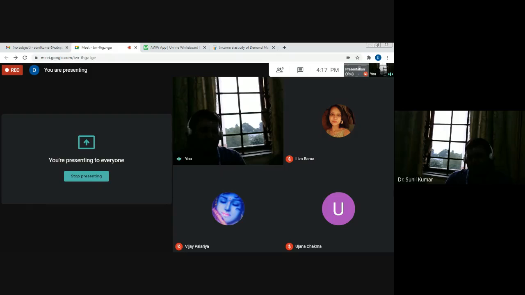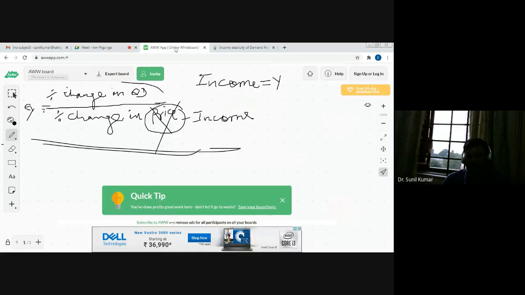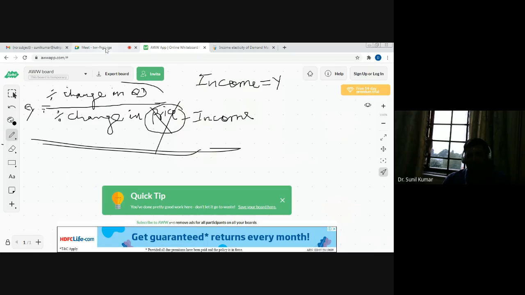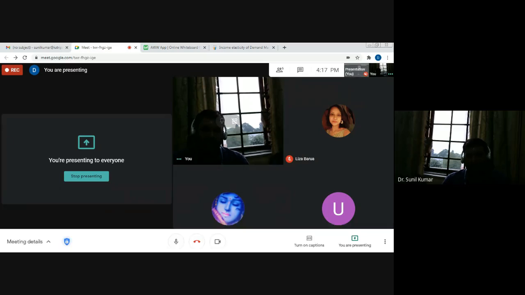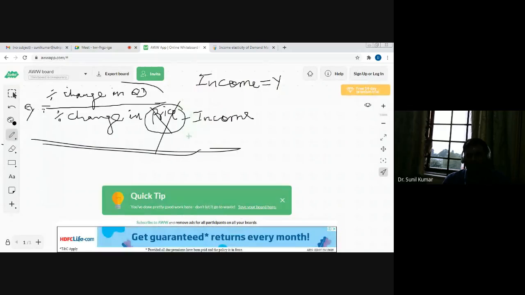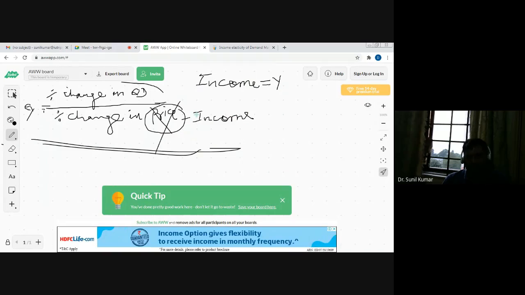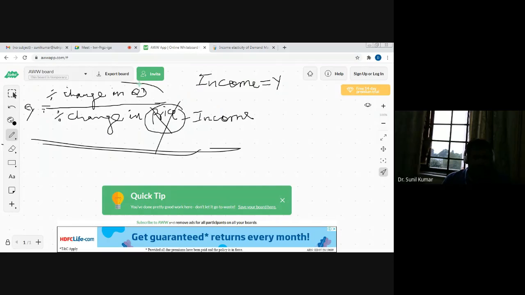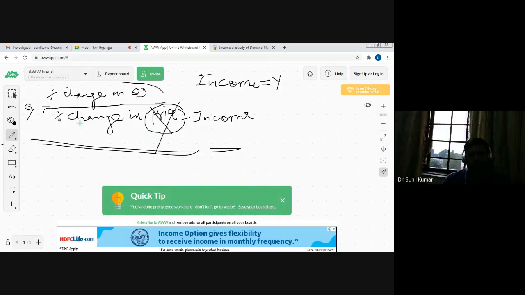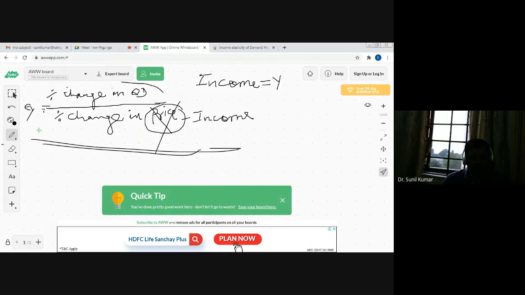The minute difference is that in place of price, if we write income, then symbolically we can say that it is the calculating method of income elasticity of demand, that is the percentage change in quantity demand divided by percentage change in income.